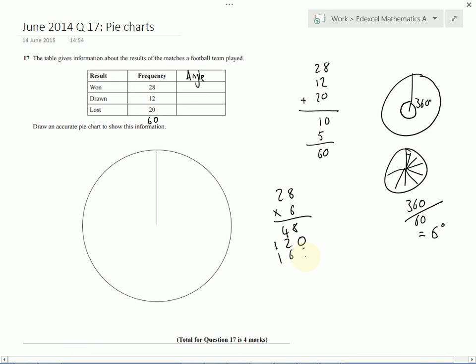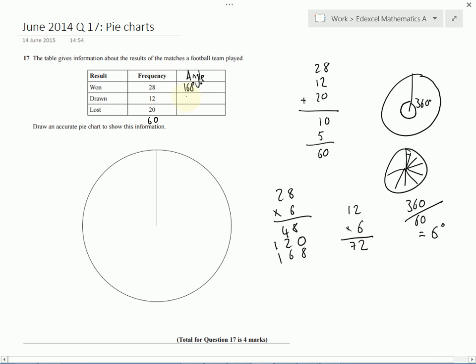So our angle for the number of times the football team has won is 168 degrees. Let's do the same for the number of times the football team has drawn. That's going to be 6 degrees times 12. So 6 times 12 is 72.